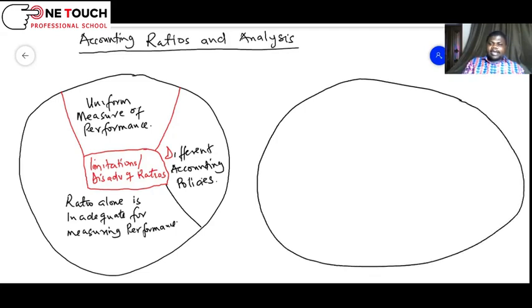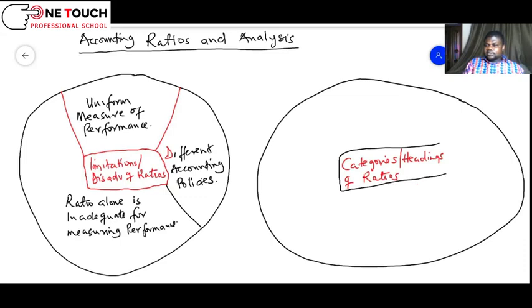So we look at the categories, or the headings, of ratios. These categories depend on what they measure.